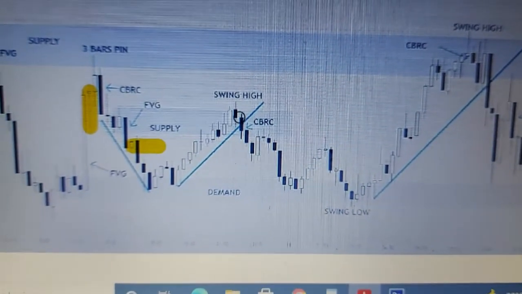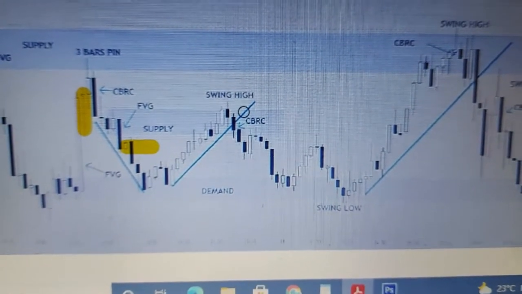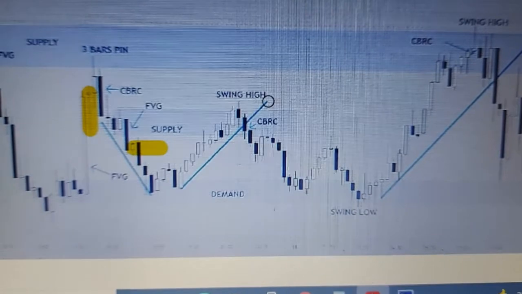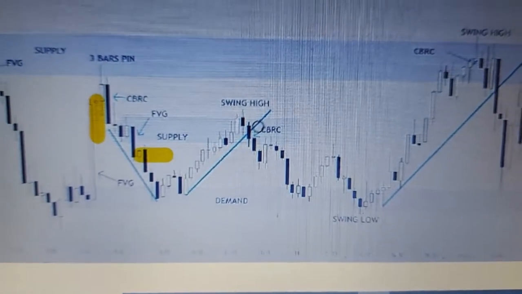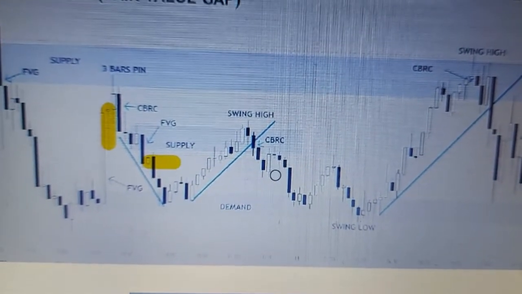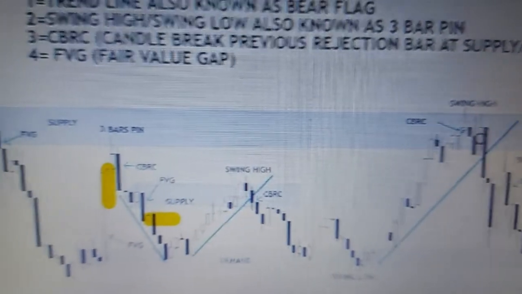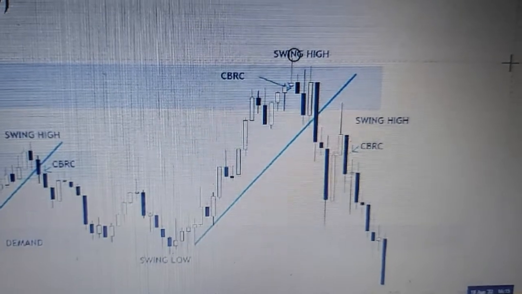Once price reached there, we had a swing high, we had a CBRC, and the chart broke the trend line, and the price moved down so nicely. And then again at the major supply zone, when the price came here, it made a swing high.